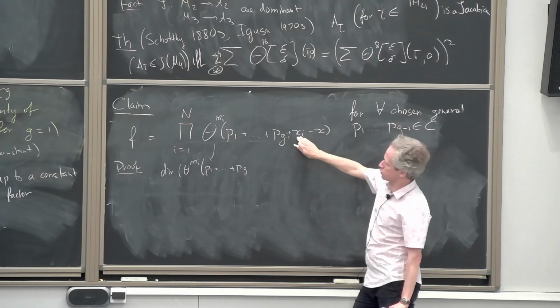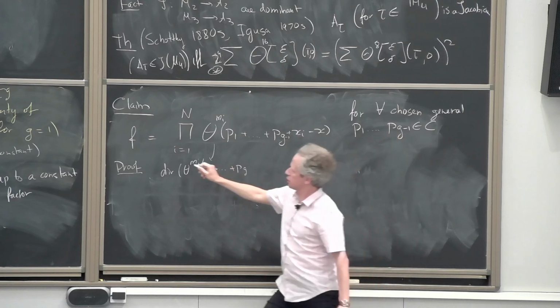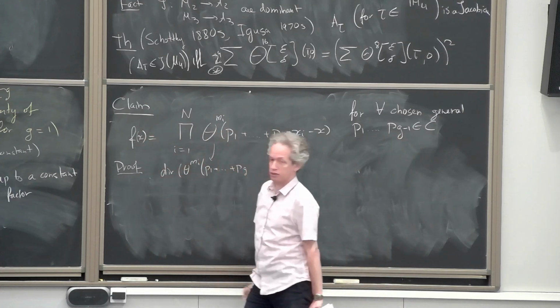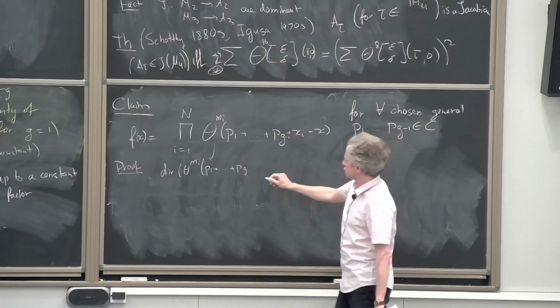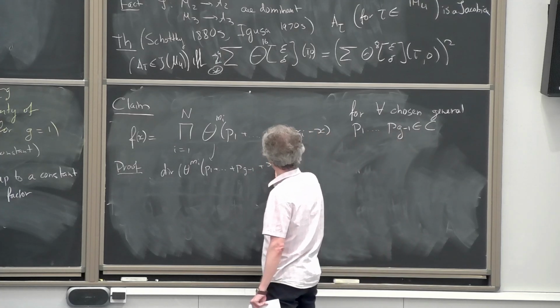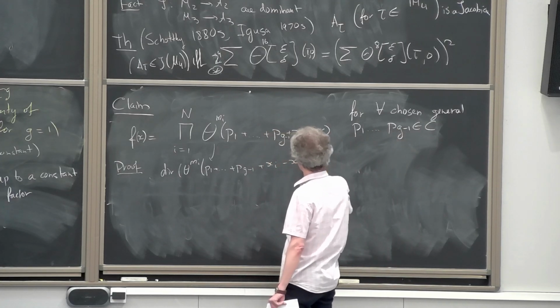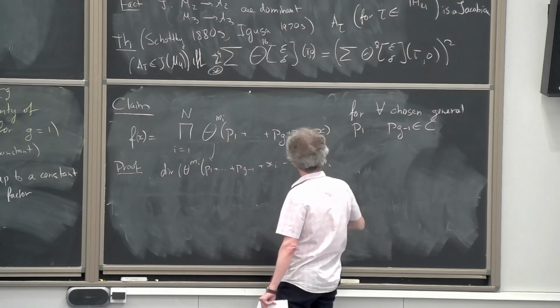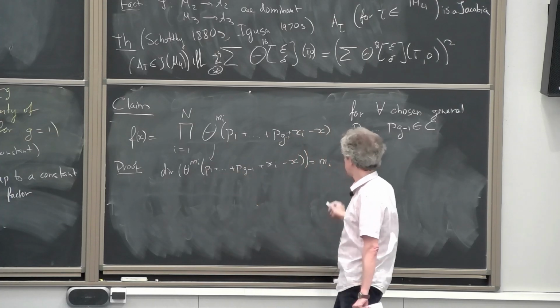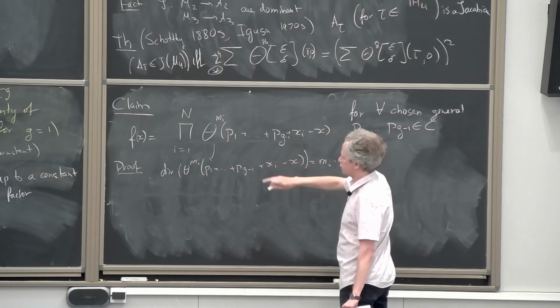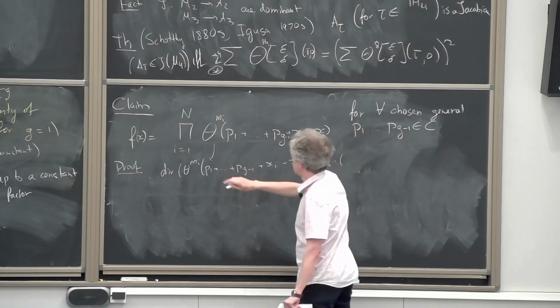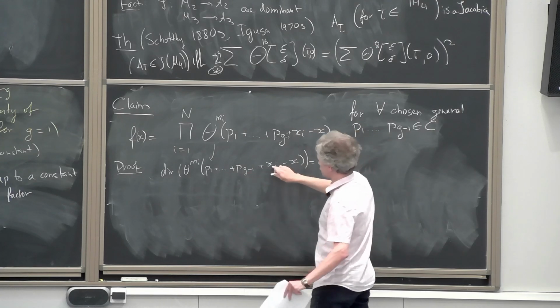And then I've added one of my points xi, and this is my function of x, right? So the divisor of this thing, what is it? Well, of course, mi, because it's an mi-th power, times wherever this guy vanishes. So this vanishes for x equal to this or that.